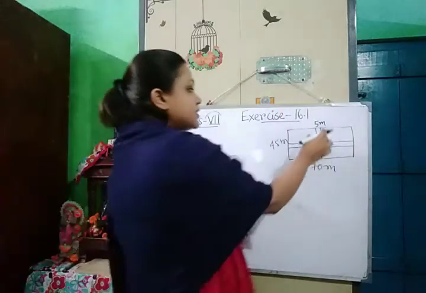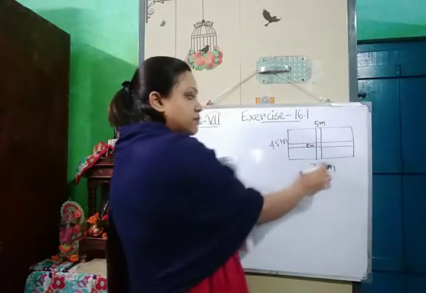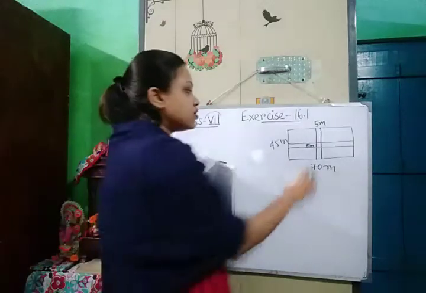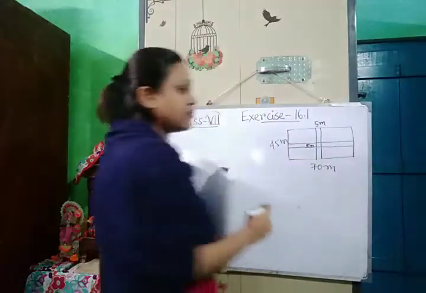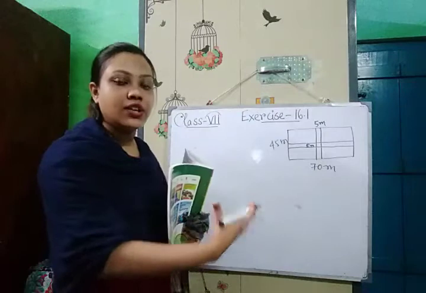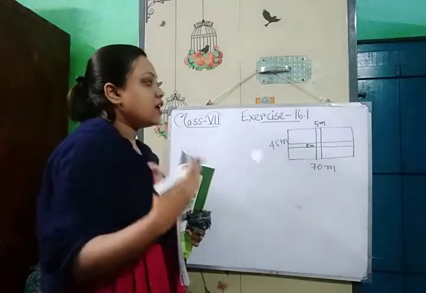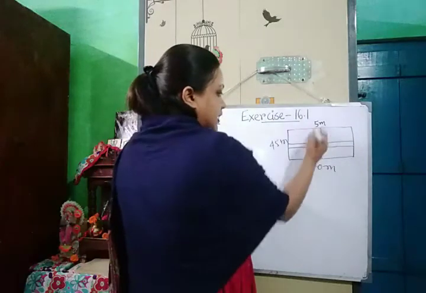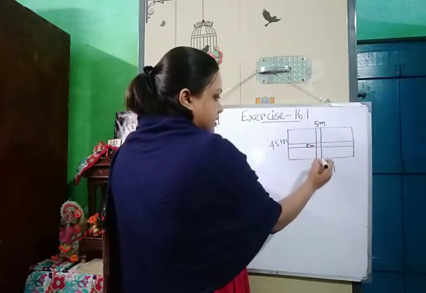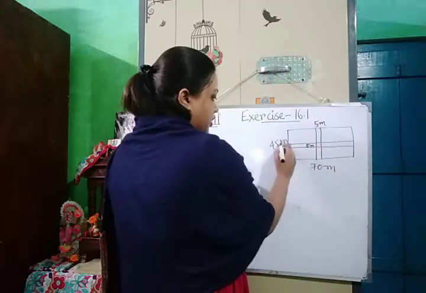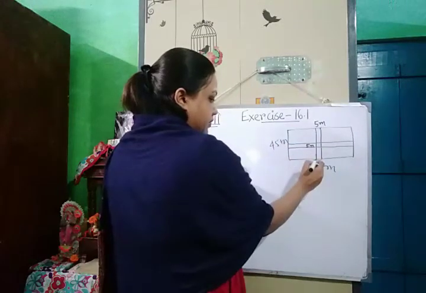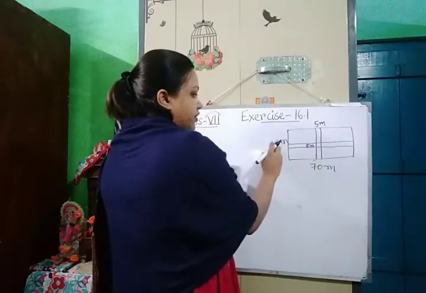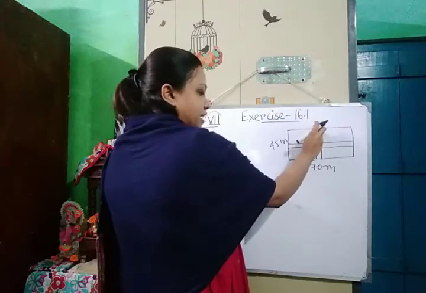Now see, this road is in the shape of a rectangle, and this road is also in the shape of a rectangle. So how can we find the total area of the roads? If this is a rectangle, the length of this rectangular road is 45 meter and breadth is 5 meter.